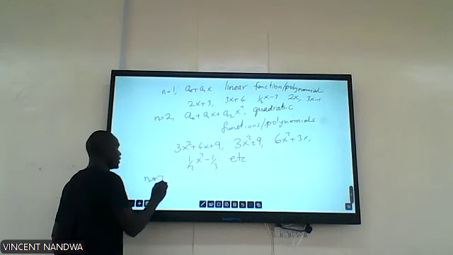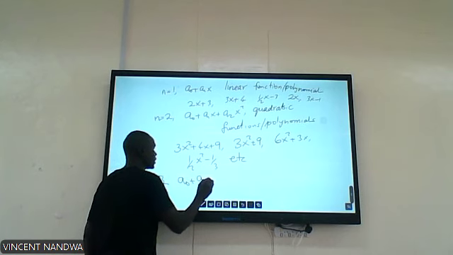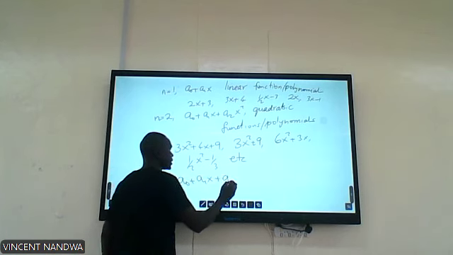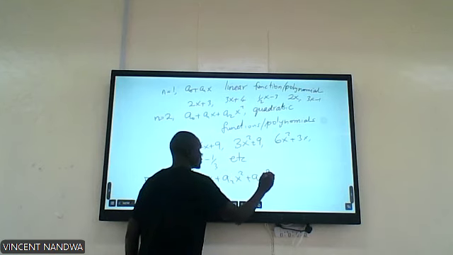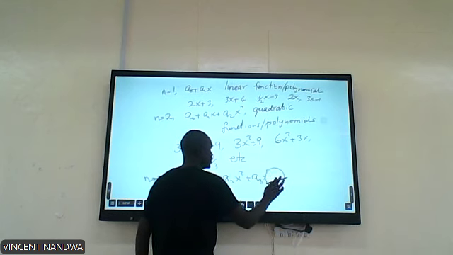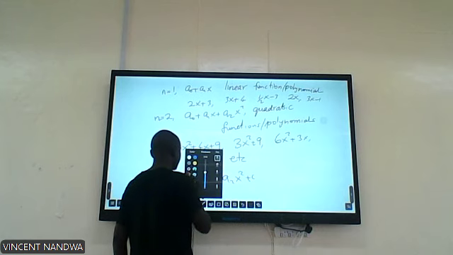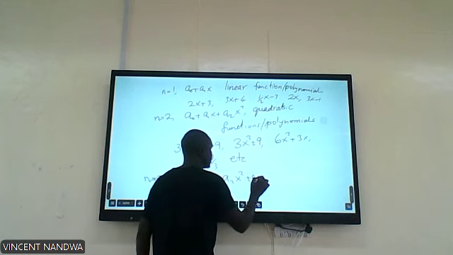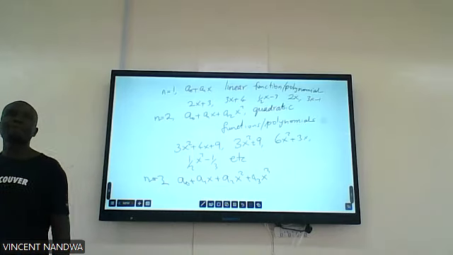So when n is 3, we have a0 plus a1x plus a2x squared plus a3x cubed. What will be the name for this? Cubic.